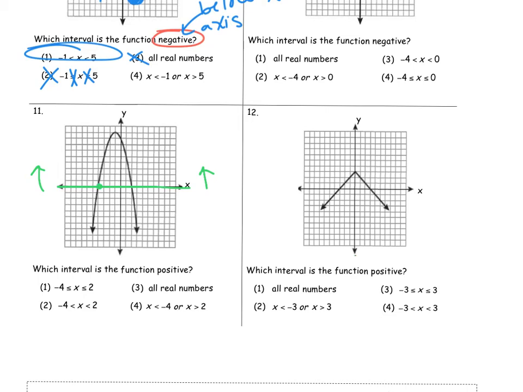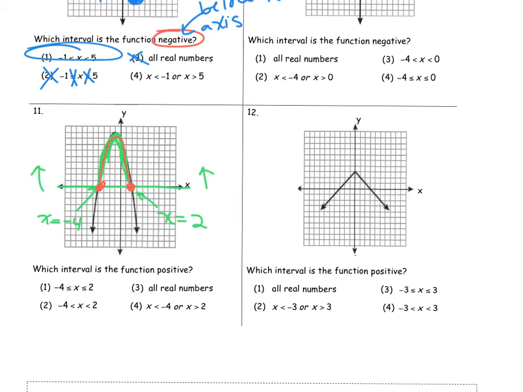We have this root is at x equals -4, and I have this root is at x equals 2. And where this function is positive is above the x-axis from here all the way over to here. Okay, so I'm looking at all my x values being between -4. So let's draw that on here. We're between -4 all the way to 2.